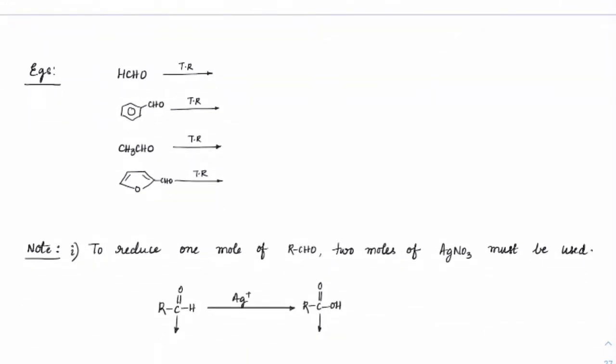Let us see that. Suppose you have formaldehyde. Formaldehyde will react to form Ag as a precipitate and it will get oxidized to HCOO minus. Same here also, Ag will precipitate, and benzaldehyde will become benzoate.